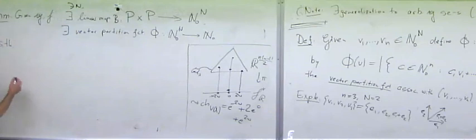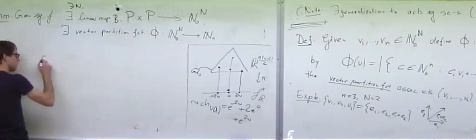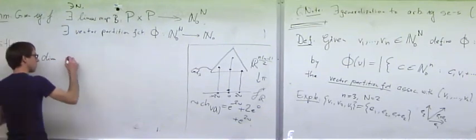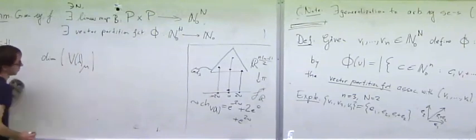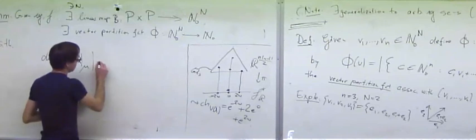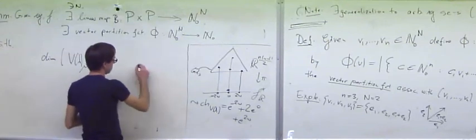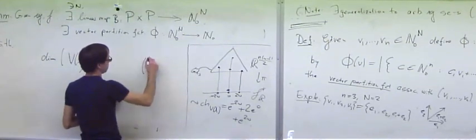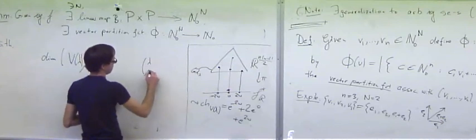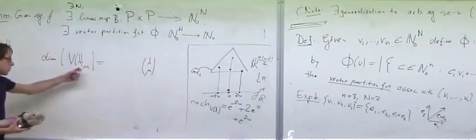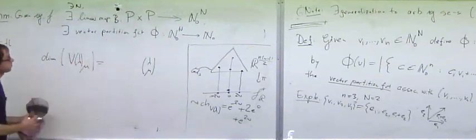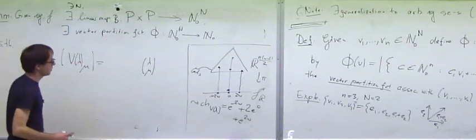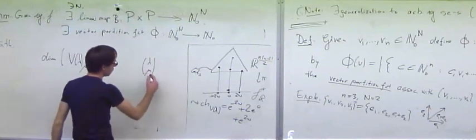such that the dimension of V_lambda mu, so the dimension of such a weight space, is given as follows. I take lambda mu, so lambda and mu are both weights or contained in this weight lattice P. This is just a tuple.